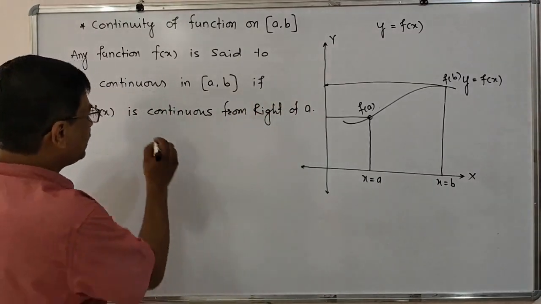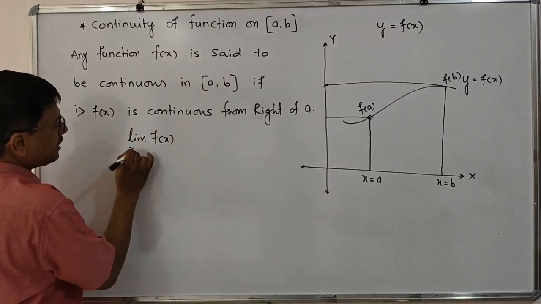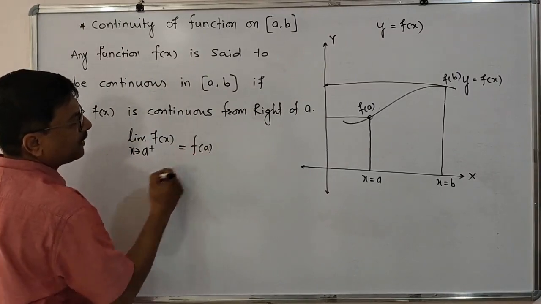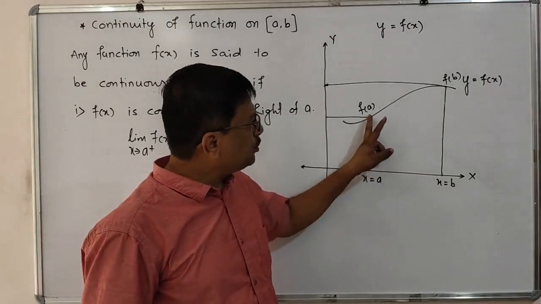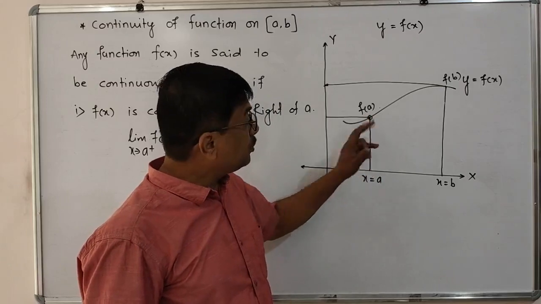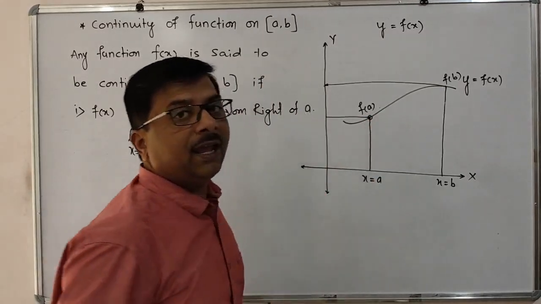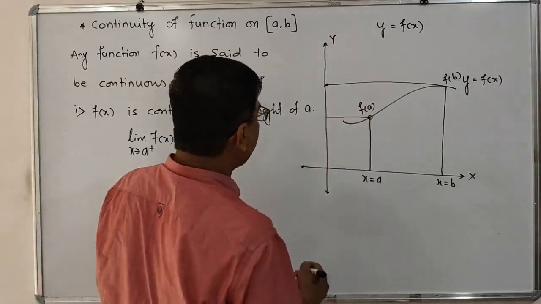What does it mean? Limit of f of x as x tends to a plus must be equal to f of a. It means the value of the function at x is equal to a, and the limit of the function in the neighborhood of a, from the right side of a, must be equal to it.